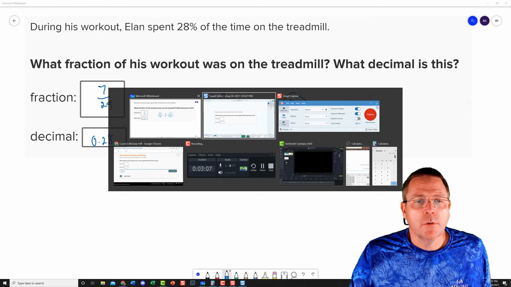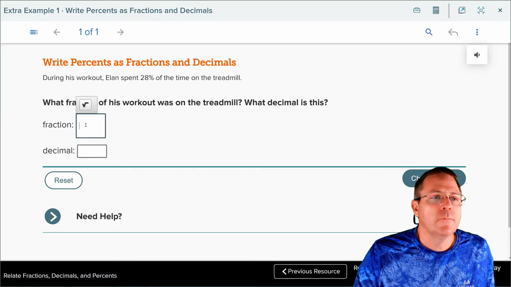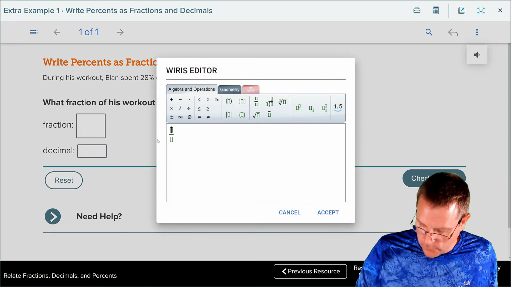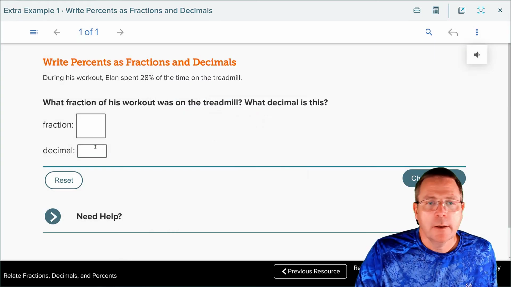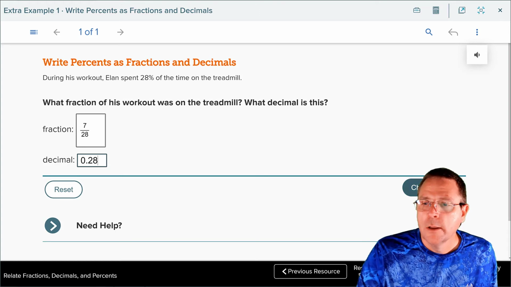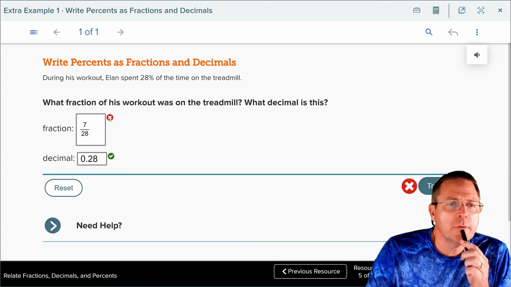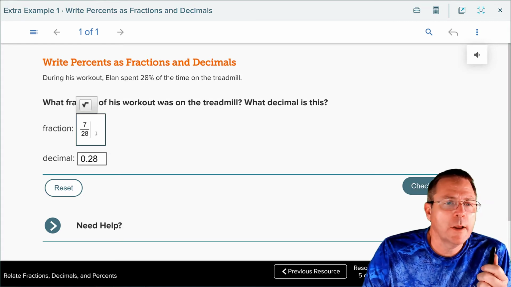Let's go back to our website and put those two numbers in. First one's asking us for a fraction. Let's see if they're going to want simplest terms. 7 over 28. Accept that. And then 0.28. Check our answers. I wonder if they wanted that one as an improper, or not simplified version.